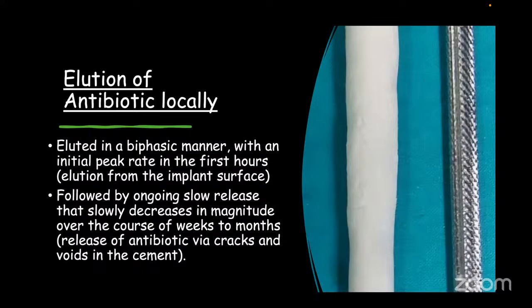So the elution of the cement starts immediately, and after 3 weeks, it weans off. Very little is coming out after 3 weeks, and practically at 6 weeks, you hardly see any elution of the cement. So that means it has no role after 6 weeks.